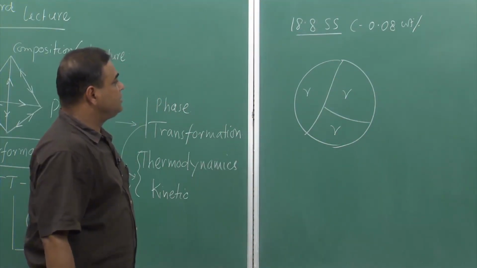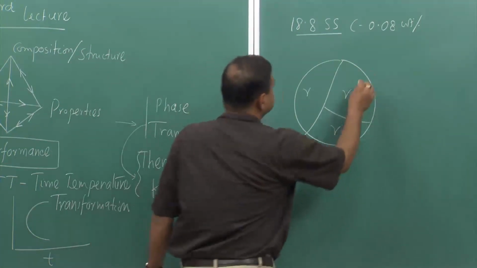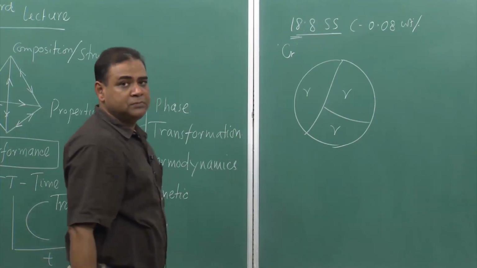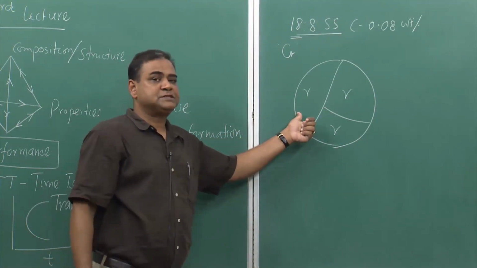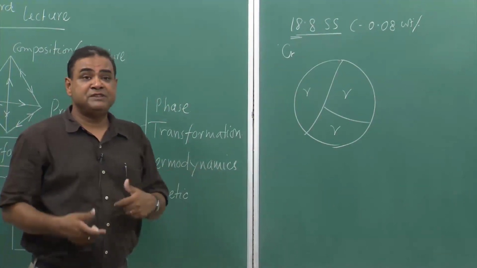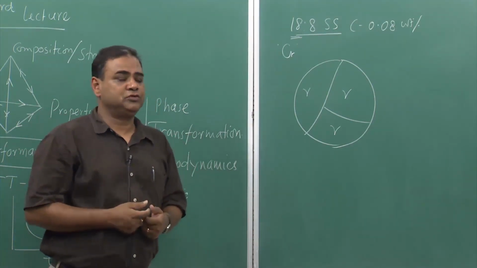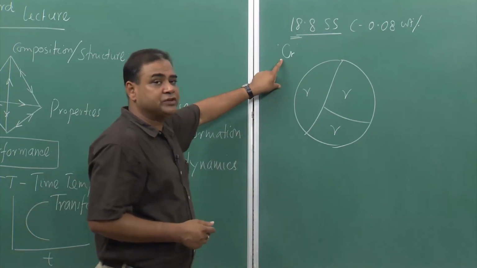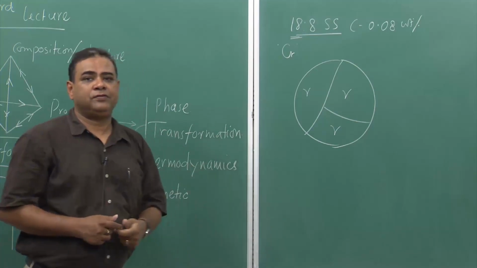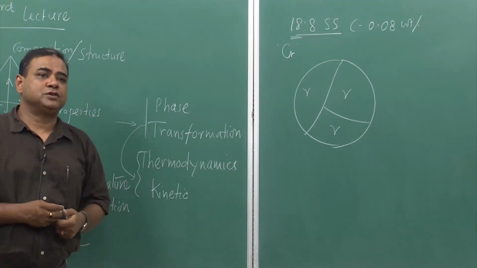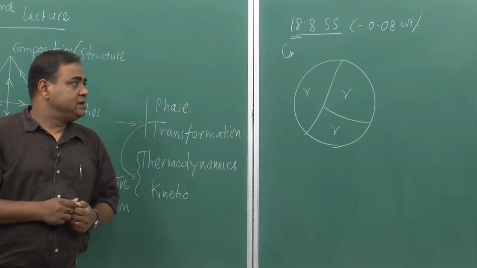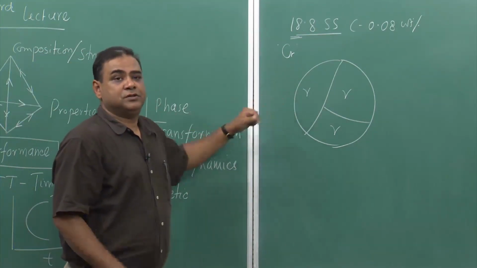Now, in this particular case, we have 18 weight% chromium, and that 18% chromium is in solution, we call it solid solution, and that solid solution falls in the category of substitutional solid solution. The chromium atom substitutes the base iron atom and forms a solid solution.